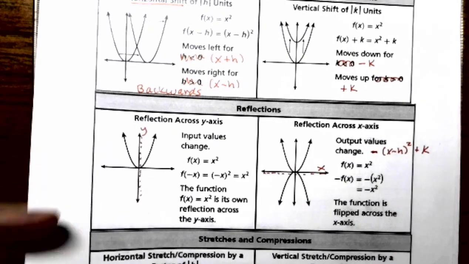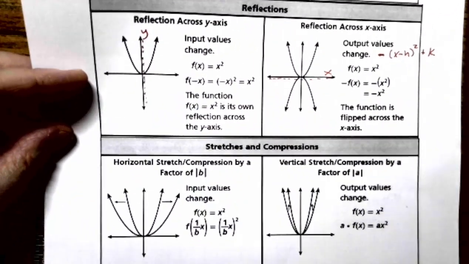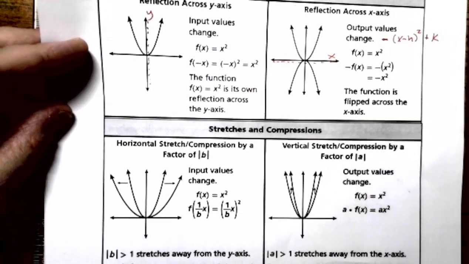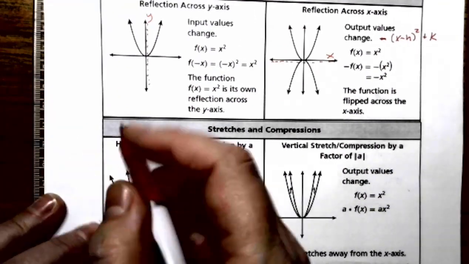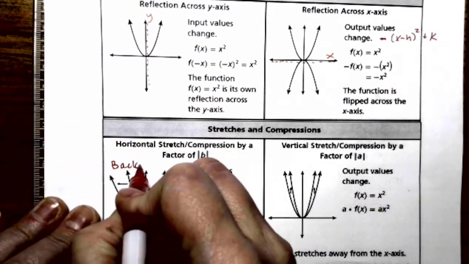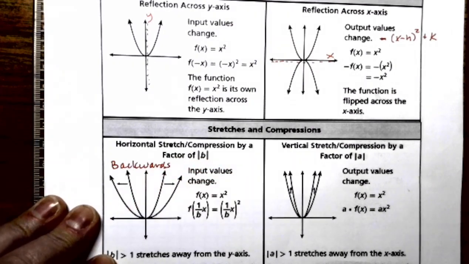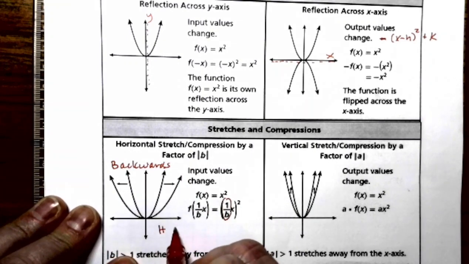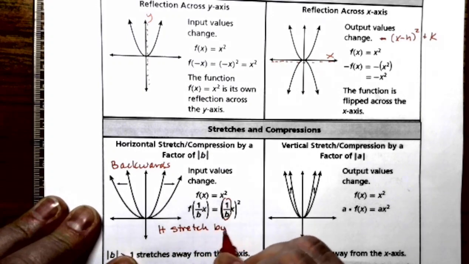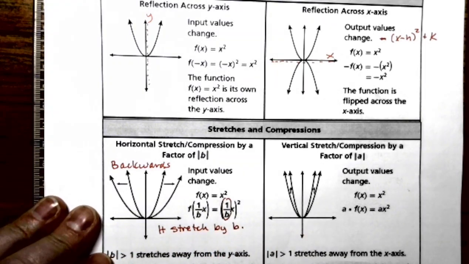All right, horizontal stretches and shrinks. Remember that horizontal stretches and shrinks are backwards. So if it's 1 over b being multiplied by the x, so 1/2 x, x over 3, 1/4 x, then it's going to be a horizontal stretch that's getting bigger by a factor of b.